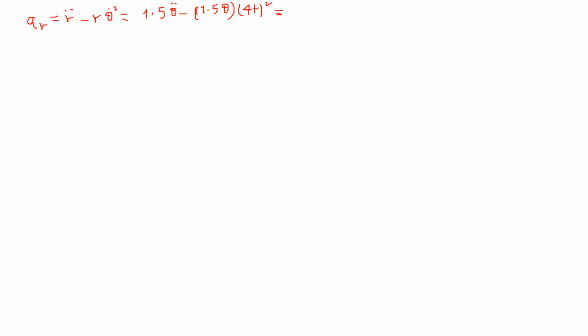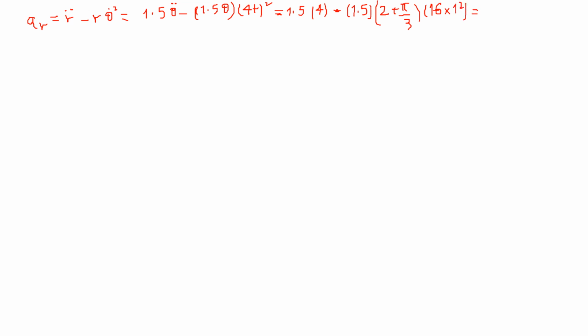Now if we replace these quantities, 1.5, now theta double dot we have found to be just 4, so times 4 minus 1.5 times, now again this theta here is the angle at time 1, right? So we have found that to be just a number, which is 2 plus pi over 3, right, times 4 square, 16, times t square, which is, now we need to find it at 1, so times 1 square, okay.